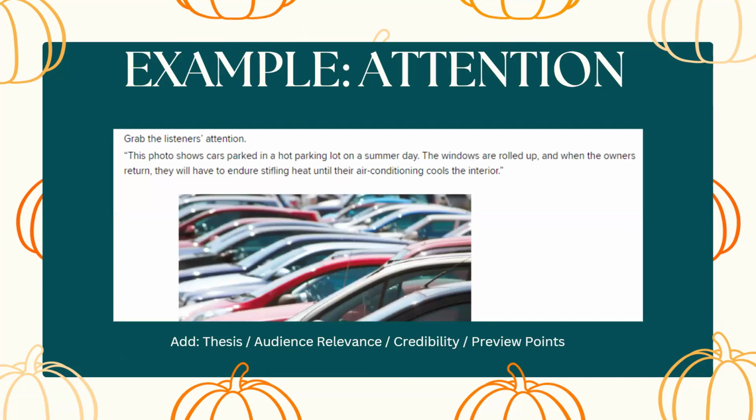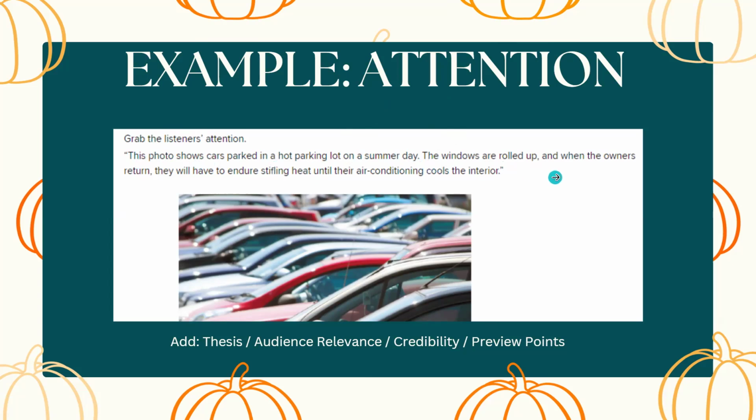Okay, I want to go through some quick examples, just so you can kind of see it. This isn't my favorite example, but it's from your book, and I want y'all to see it in practice. First step, attention. This photo shows cars parked in a hot parking lot on a summer day.